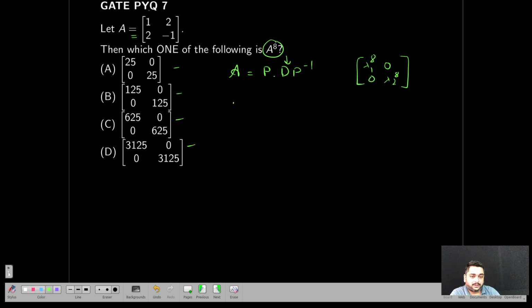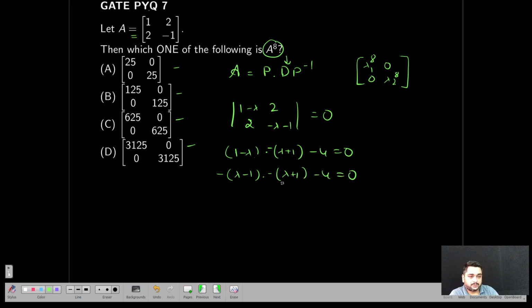How will you find them? The determinant of the matrix with entries 1 minus lambda, 2, 2, and minus 1 minus lambda equals 0. So this is (1 minus lambda) into (lambda plus 1), minus 4 equals 0. Take the minus sign common: (lambda minus 1) into (minus lambda minus 1), minus 4 is equal to 0.